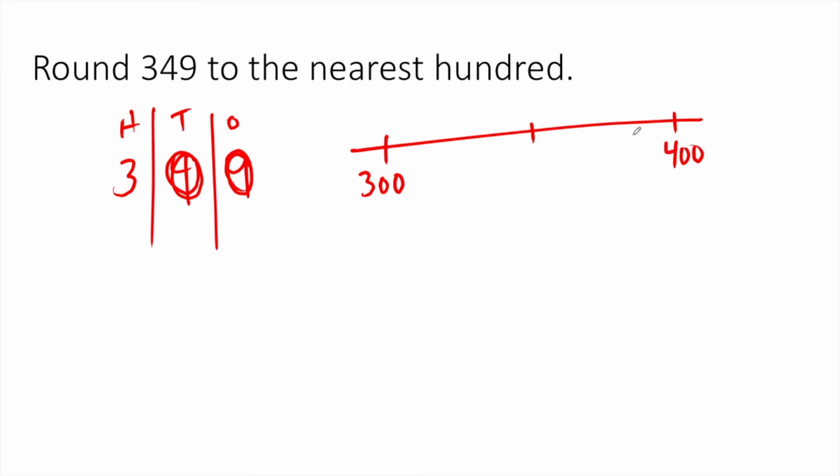Remember, these are separated by 100, so think about half of 100. Halfway is not 50, halfway is 350. Good for you if you didn't say 5, but 50 isn't good enough. It's 350. Now we look at 349. It's less than 350. So it rounds down. It's closer to 300. Great job.